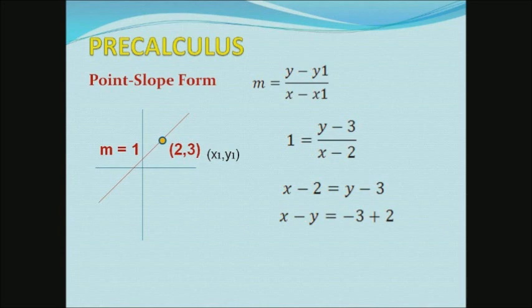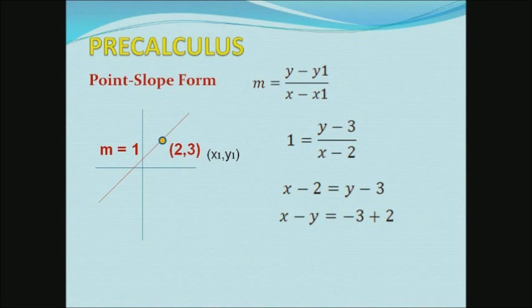So we multiplied 1 by x minus 2, and so on the left side of our equation we have now x minus 2, on the right side we have y minus 3. And then next thing is we have to put all the terms with variables on the left side and all constants at the right side. And so we will have x minus y equals negative 3 plus 2.